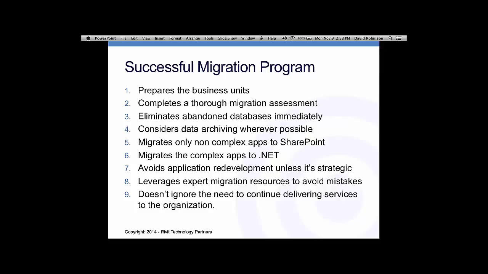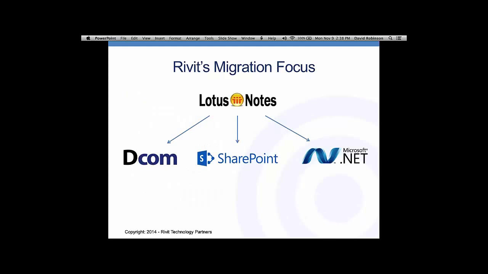Just a quick slide. Successful migration program, just again based on our experience. One, prepare the business units, make sure they're ready, make sure they're on board, make sure they're helping the migration process. Two, important to complete a thorough migration assessment. You want to understand exactly what you have and where all these applications could potentially fall.